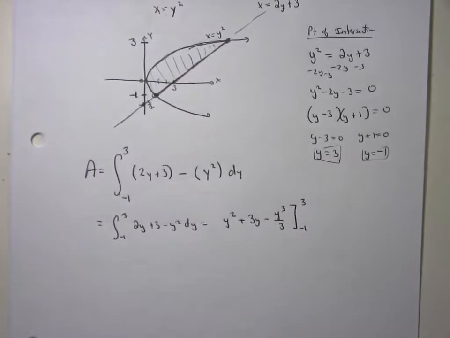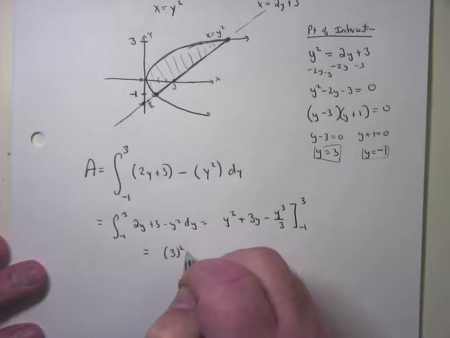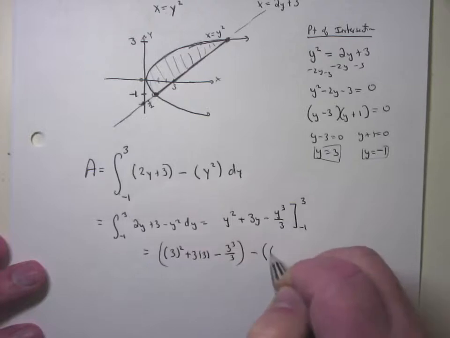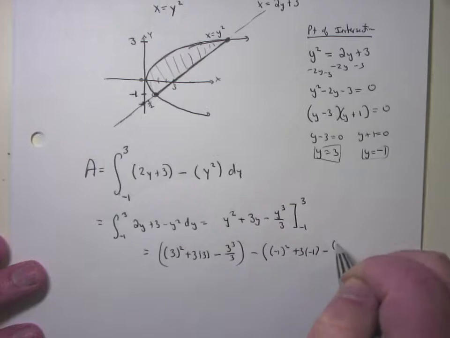According to the fundamental theorem, you plug in top minus plug in bottom. This would be 3 squared plus 3 times 3 minus 3 cubed divided by 3, minus negative 1 squared plus 3 times negative 1 minus negative 1 cubed divided by 3.